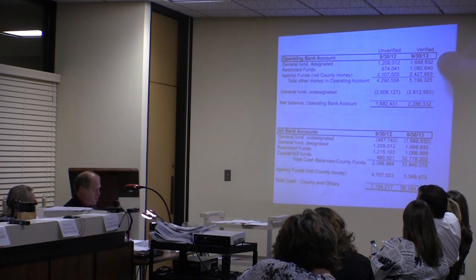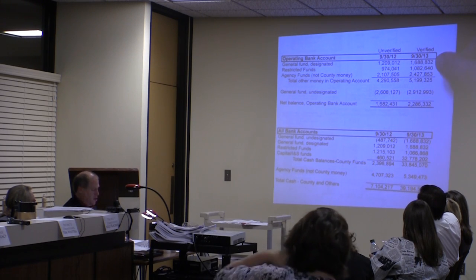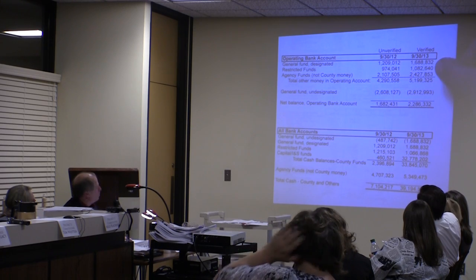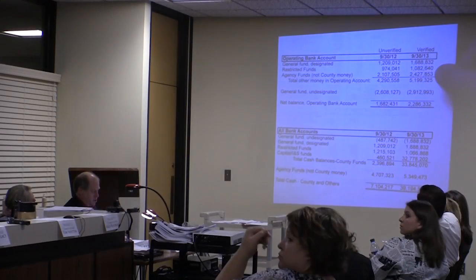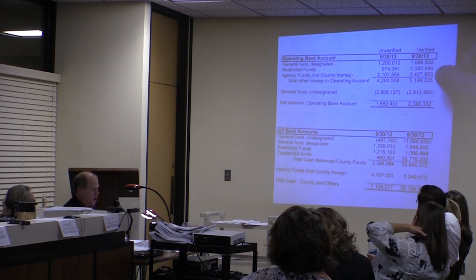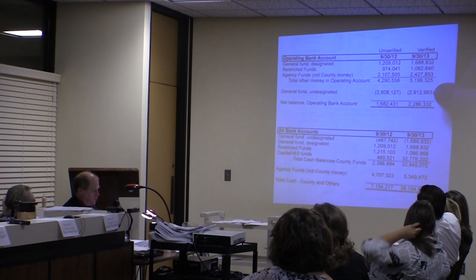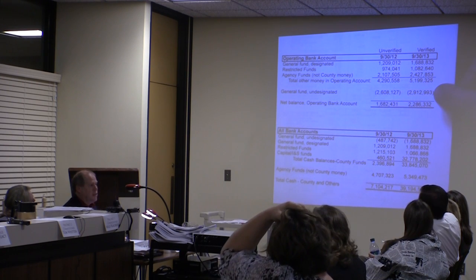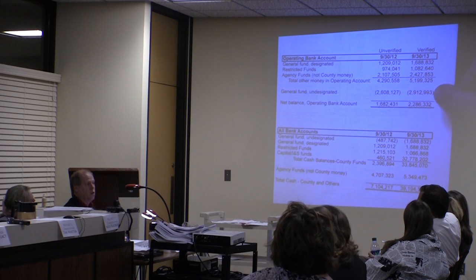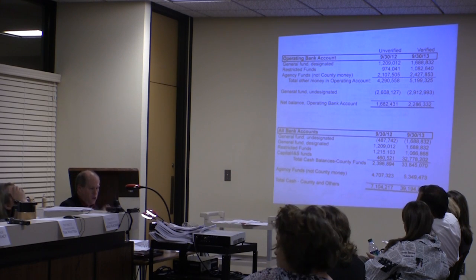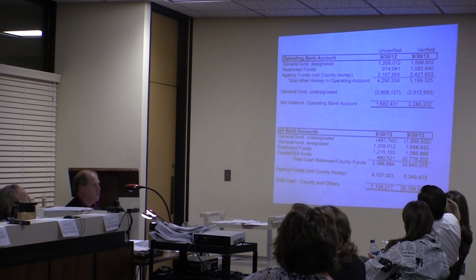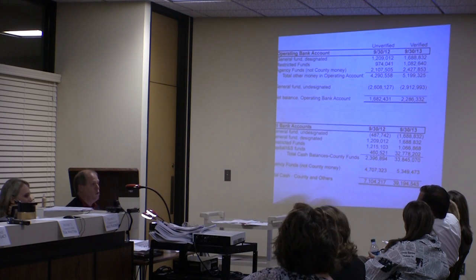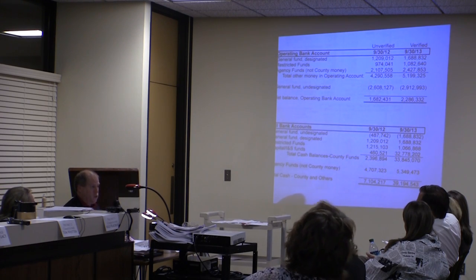And in that bank account, there is general funds designated, some restricted funds, some agency funds, which do not even belong to the county, and a big negative in the general fund, $2.9 million. Now, this does not include the CD. This does not include some of the other little bank accounts that belong in the general fund. And it does not include audit adjustments which had not been made to the book.